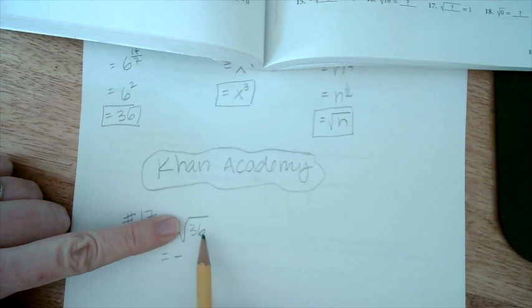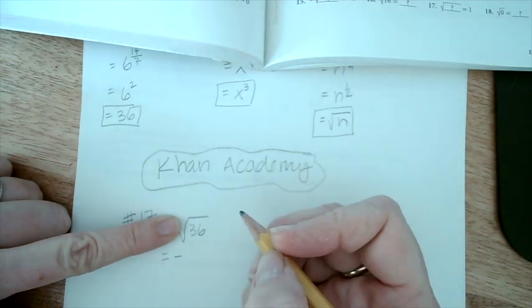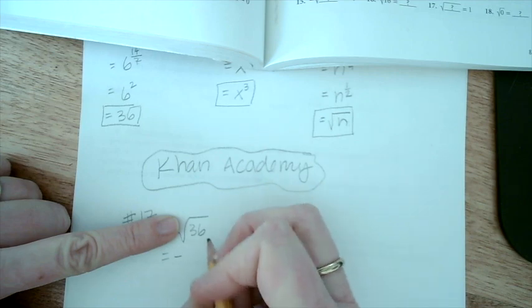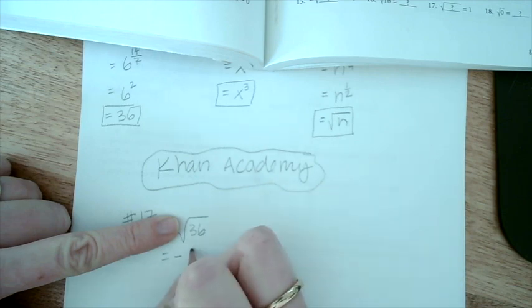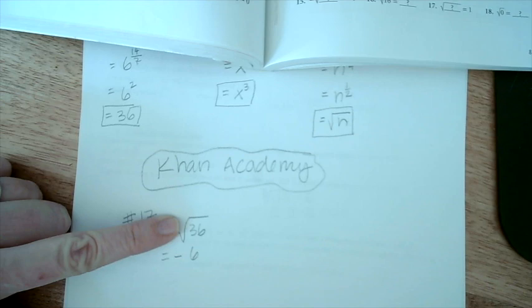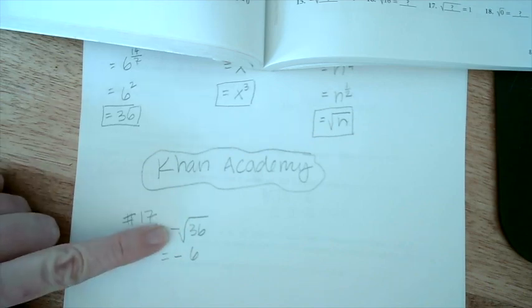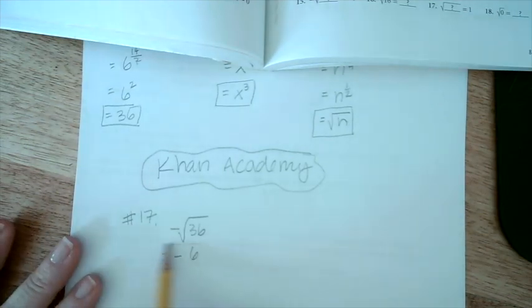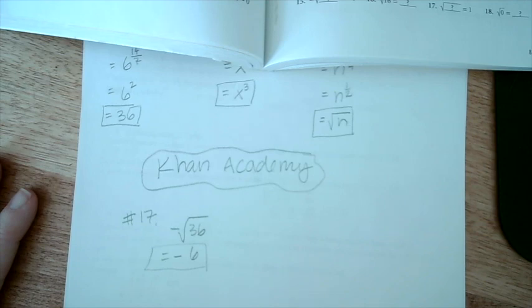And then you do the square root of 36. I can't even remember if this is one of the problems I had you do, but I wanted to show you what to do for this. It would be 6, because the square root of 36 is 6. But remember, there was the negative on the outside, so you want to do that. Just a reminder, when you have that negative on the outside.